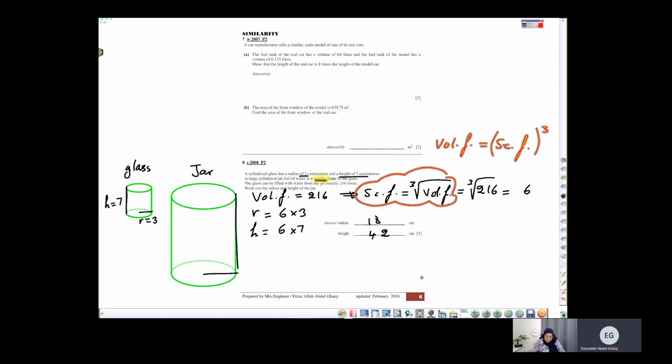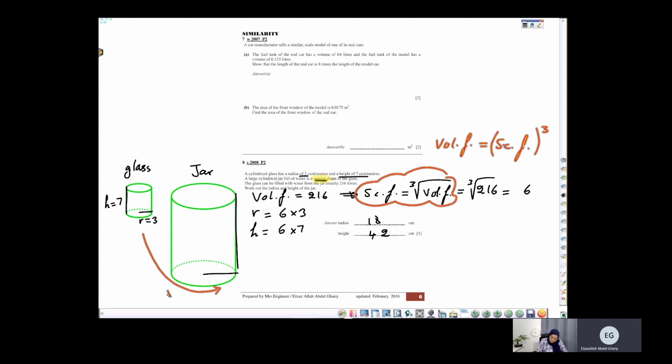If you need to find the volume of the baby glass, you just divide the volume of the bigger glass by 216. Okay, I need to stress something.